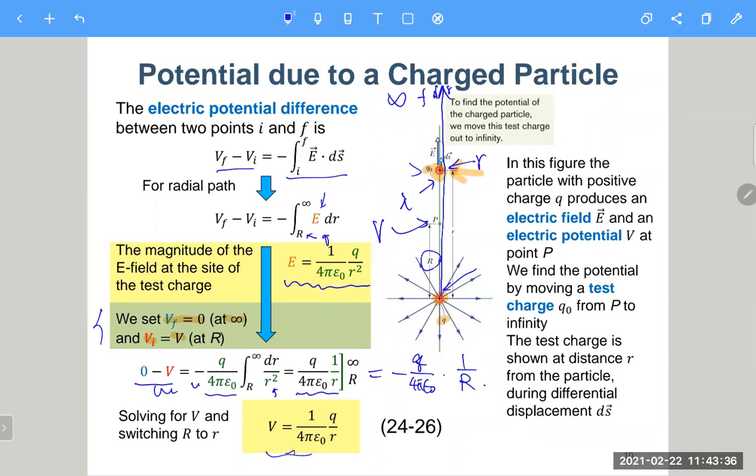Finally, we have this expression, and we just replace capital R by small r, which is just a variable defining the distance between the point you consider and the original charged particle. So V is 1 over 4 pi epsilon naught times Q over r.